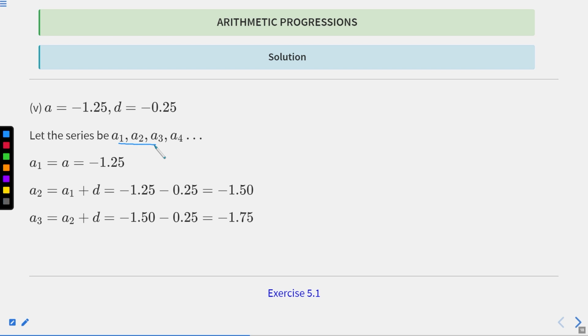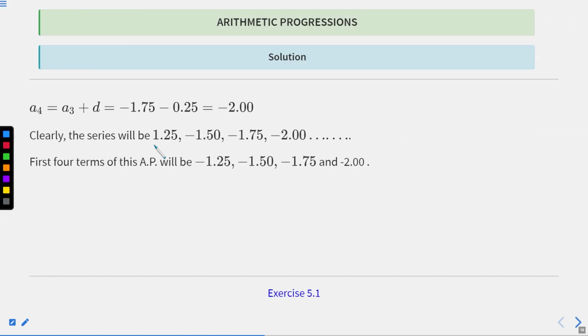And the third term A3 is equal to A2 plus D. This is equal to -1.50 minus 0.25, which is equal to -1.75. Now A4 is equal to A3 plus D, that is -1.75 minus 0.25, that is equal to -2.00.